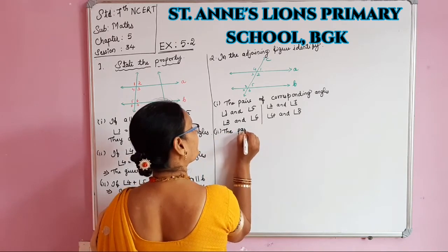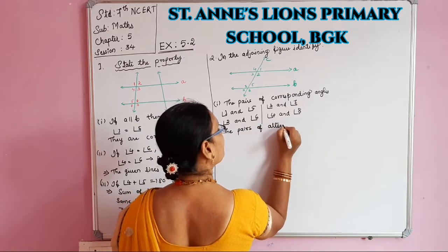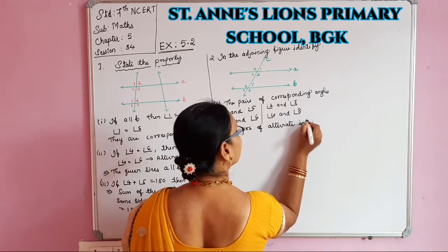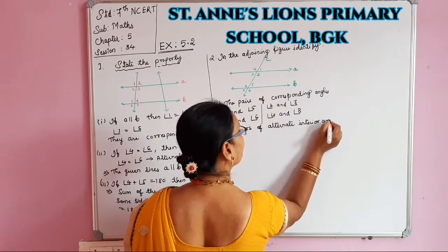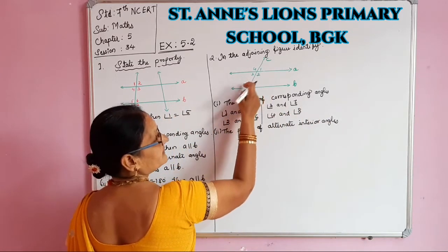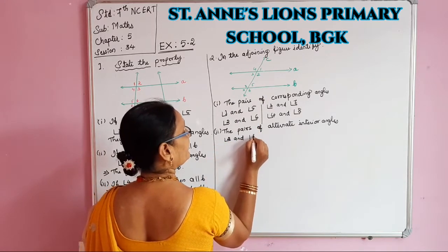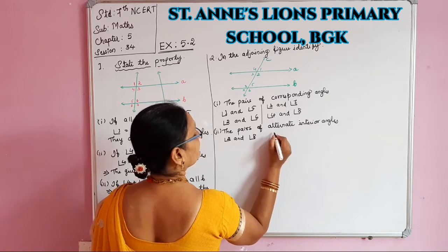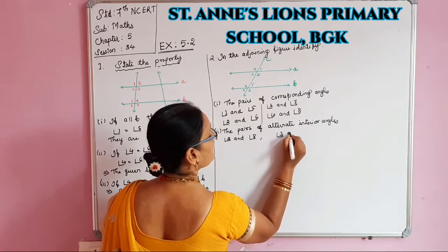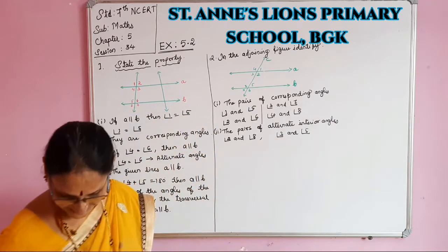The pairs of alternate interior angles means these are interior. Angle 2 and angle 8. Then one more, angle 3 and angle 5 are interior alternate angles.